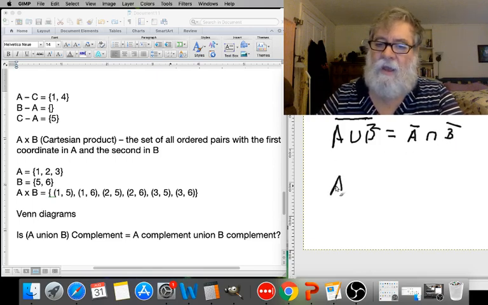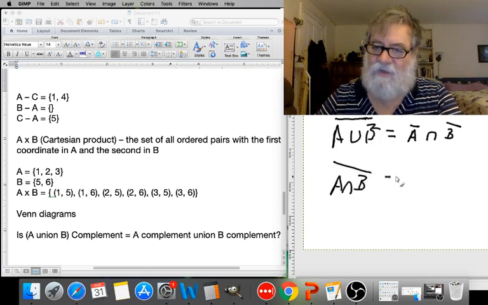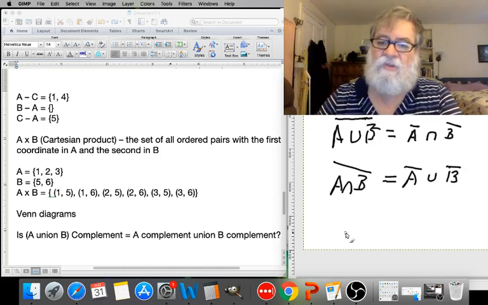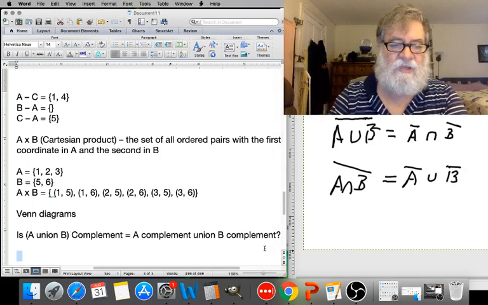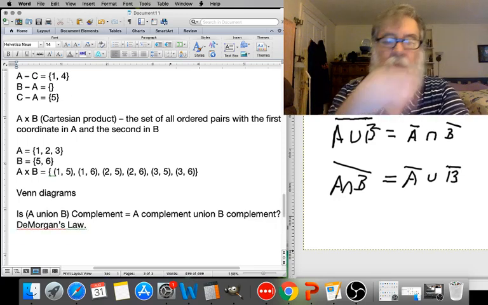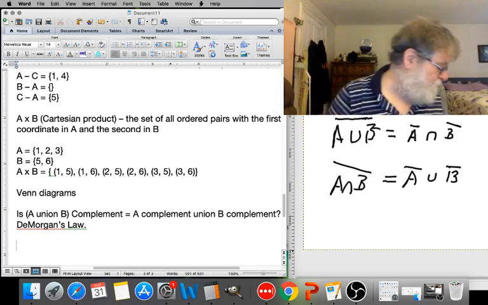And A intersect B complement equals A complement union B complement. And this is called De Morgan's law, just the same as it is in logic. All right, what else can we do?